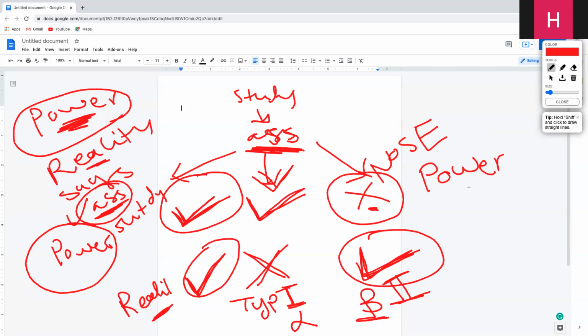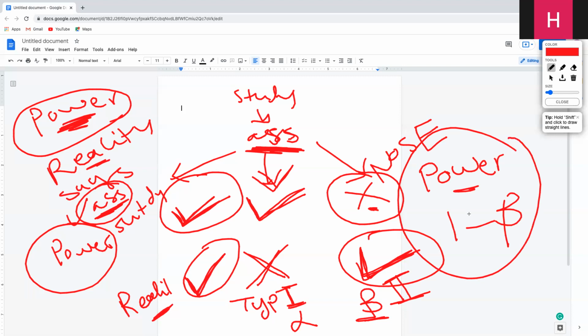And that's why the equation of the power is 1 minus beta. So you remove the beta from your equation to detect the power, because beta error was not able to detect this association that truly exists.